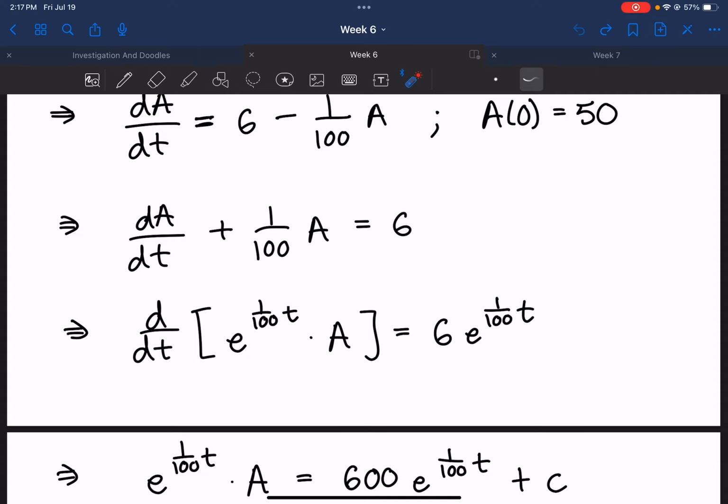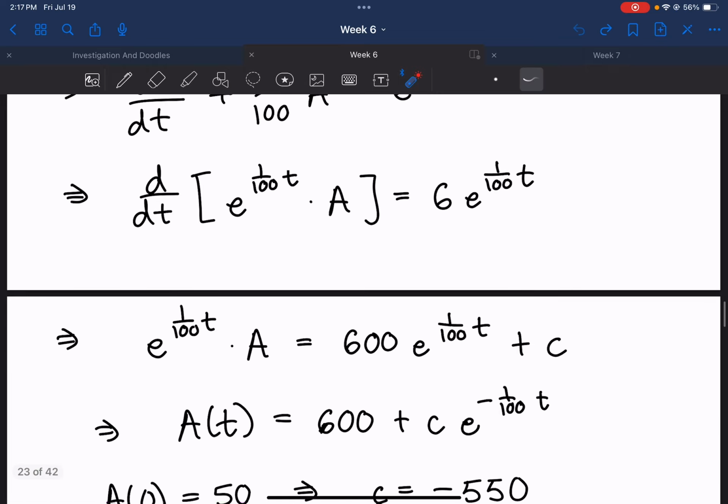All right, so I multiply mu on both sides. I integrate both sides. Integrate this side dt. When I integrate this dt, I get 6 times 100 e to the 1/100 t. And on this side, I just cancel out the derivative. So I get 600.